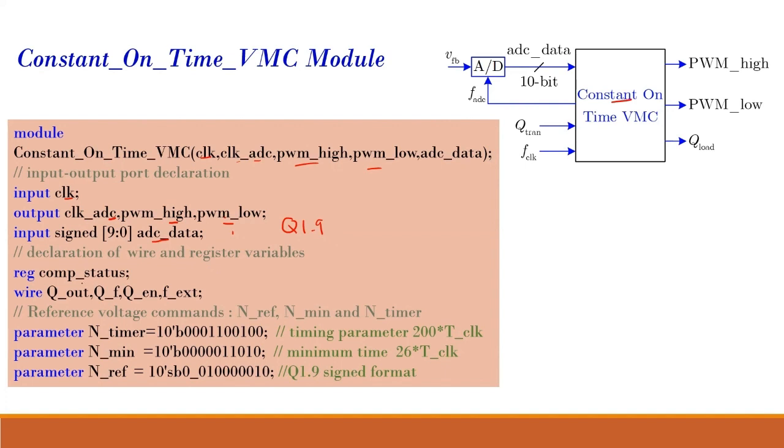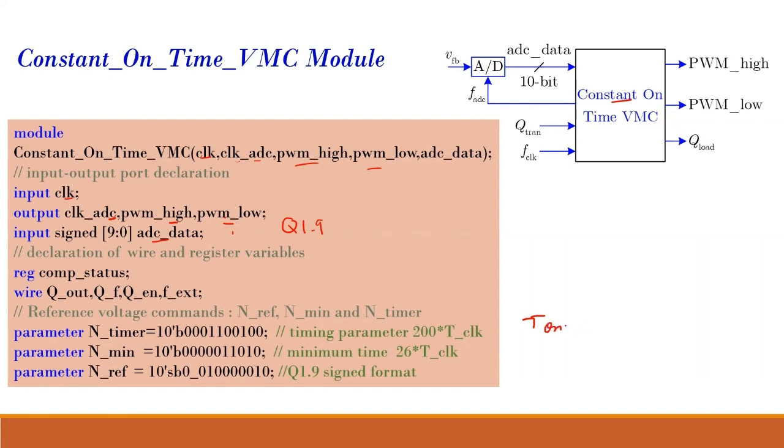Another, we are defining a register com underscore status, that is the status of my comparator. Then there are certain wires Q out, QF, Q enable, F external, and we will use them. Then certain parameters are defined. N underscore timer. So what does N underscore timer mean? It corresponds to 200, and that is used for generating your on time.